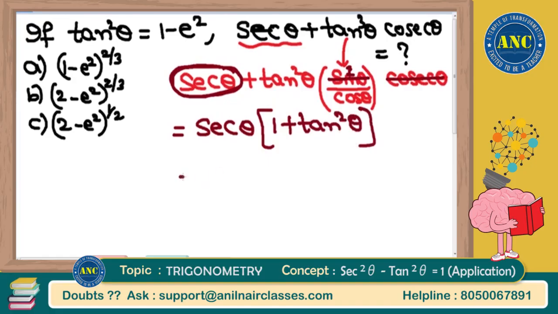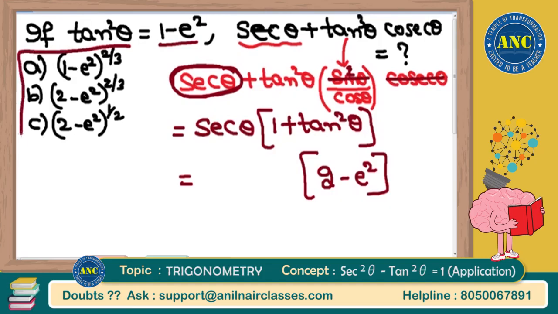Now can I say that tan square is nothing but e square minus 1? So it is 1 plus e square minus 1. It is e square, right? All the answer options are in terms of e, and e is in terms of tan.